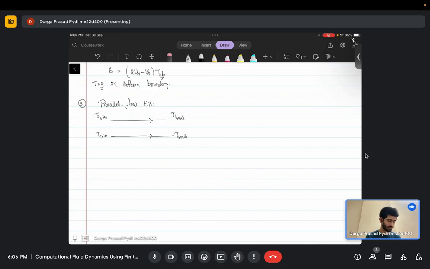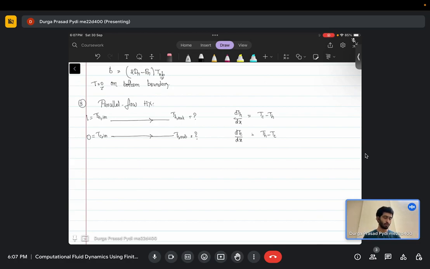The non-dimensional temperatures can be written as dTH by dx is essentially Tc minus Th, and dTc by dx will be Th minus Tc. And your boundary conditions are, say, initially this is non-dimensionalized, is 1 and 0, and these are something that I do not know.